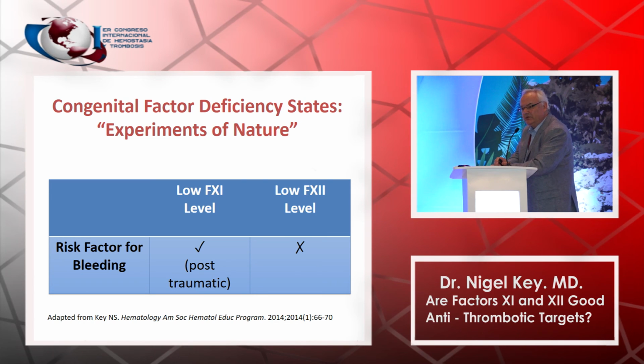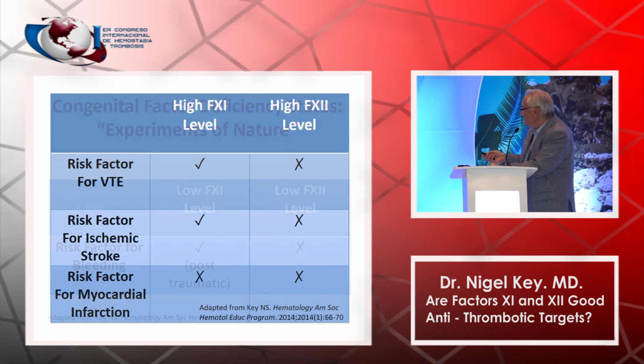They only bleed with trauma. And therein gives an opportunity, I think, to think about factor 11 as an antithrombotic agent, just because the bleeding pattern would be different from targeting factor 8 or factor 9, for example. A low factor 12 level, as you know, is not associated with any bleeding at all.